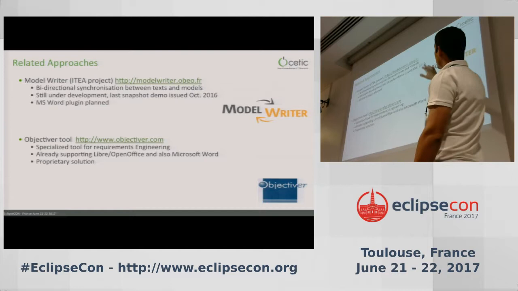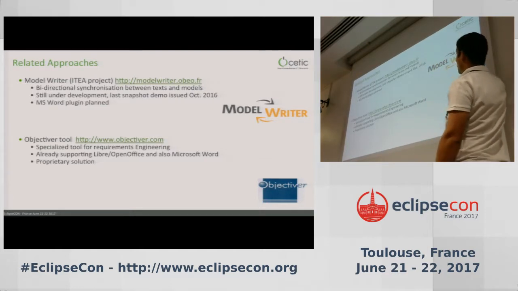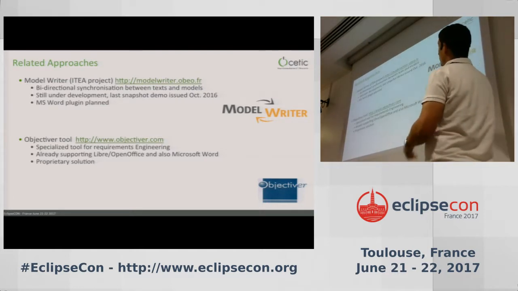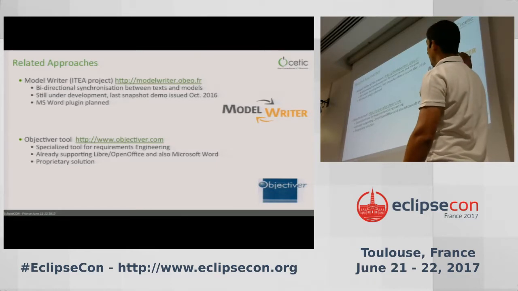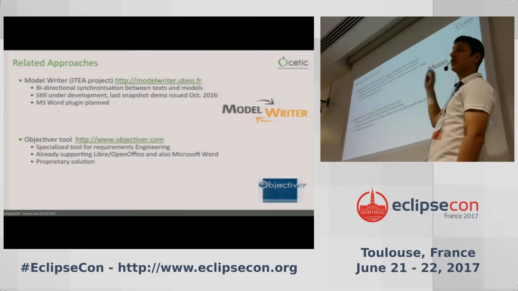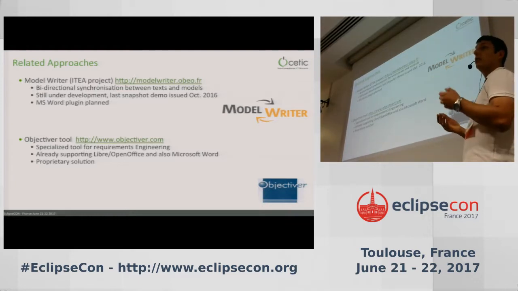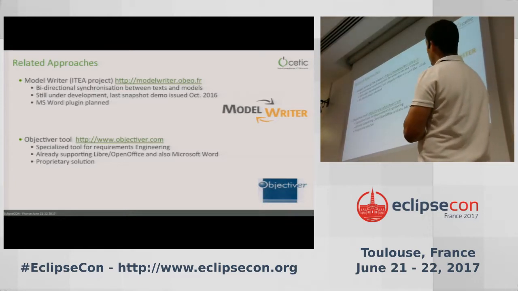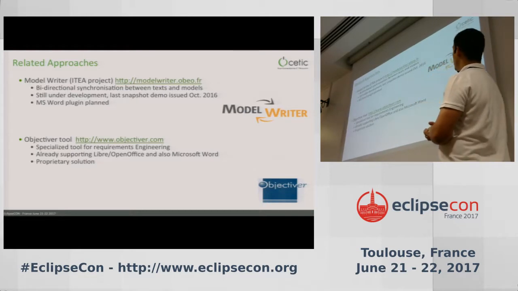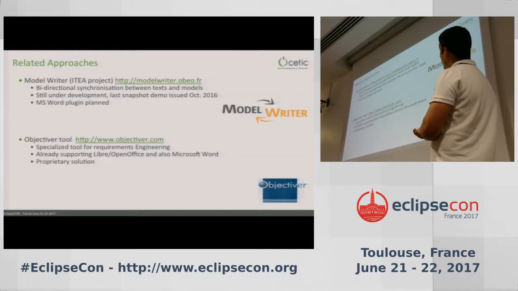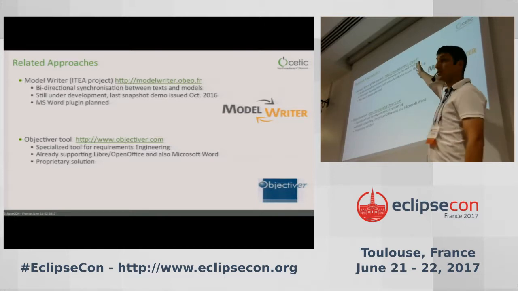Some related approaches from the state of the art. You have some specific tools that provide document generation. You have a model writer developed by OBEO, which ensures bidirectional synchronization between text and model, and an MS Word plugin is planned.